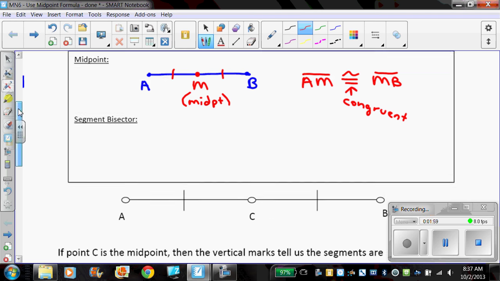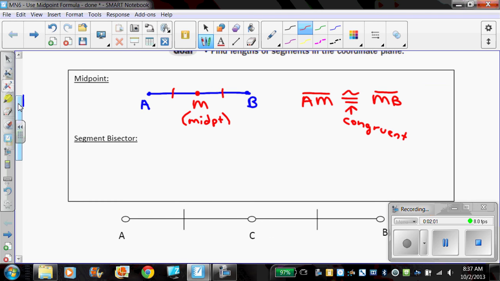Now the segment bisector. The first thing I want to do is talk about what a bisector in general is. I'm going to actually even bring this word down here because it's that important. Bisector means that you break, in this case a segment, in half.